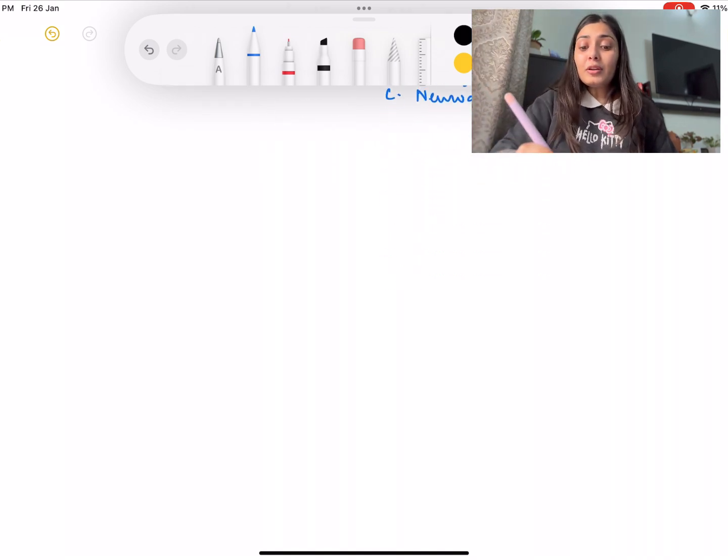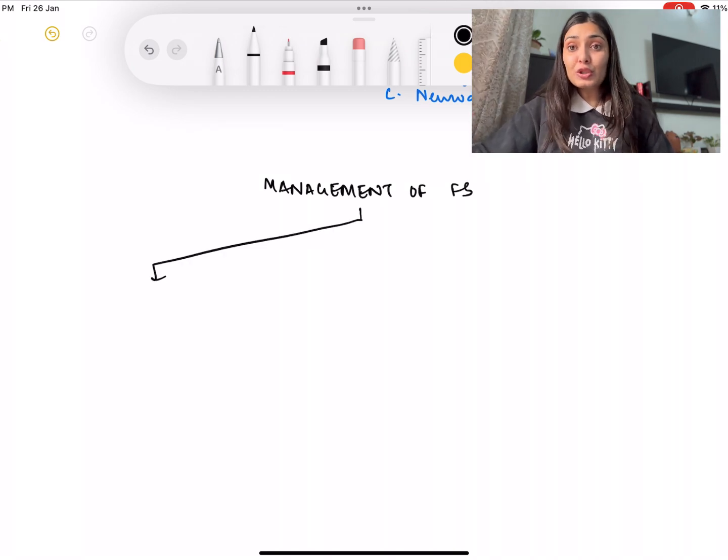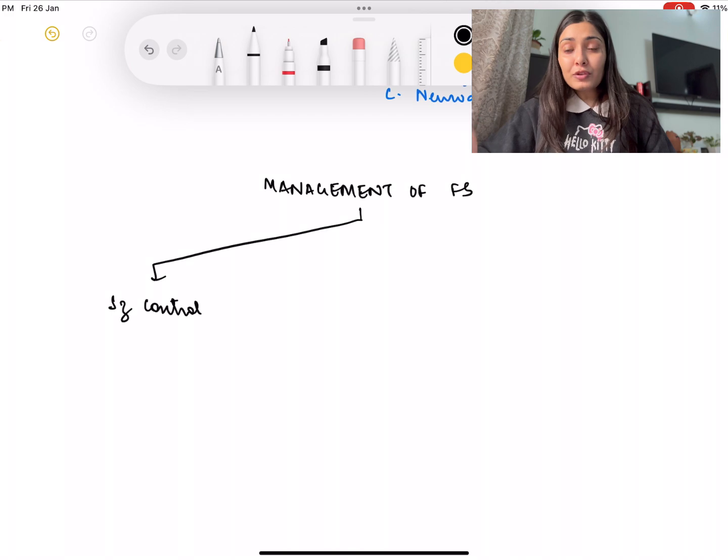When we talk about the management of febrile seizure, the management here is three-pronged. Firstly, the child is presenting to you with seizure. You need to control that seizure, abort that seizure. So the first prong here is going to be seizure control. I know the seizure is happening because of the fever.